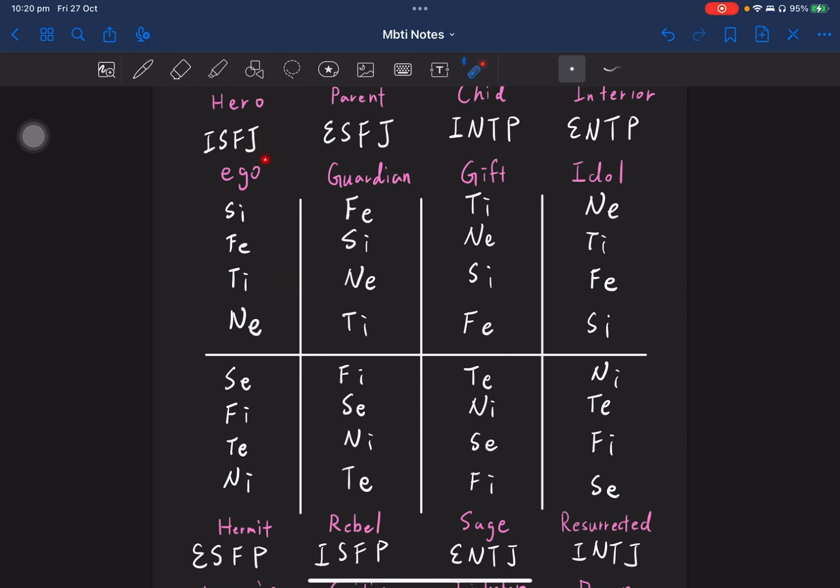If you go from hero to rebel, you are changing your last letter. So it is quite hard to know what your type really is if you are in a certain stage of life. If you are feeling unsure about yourself, then it's actually quite hard to find out your type.